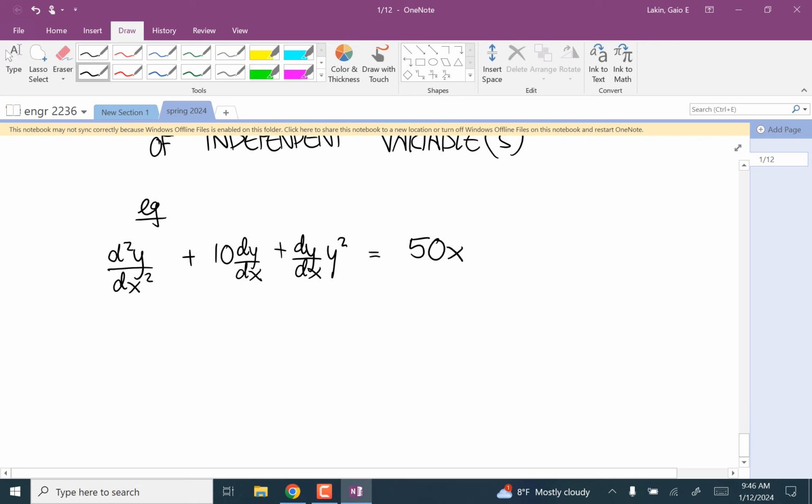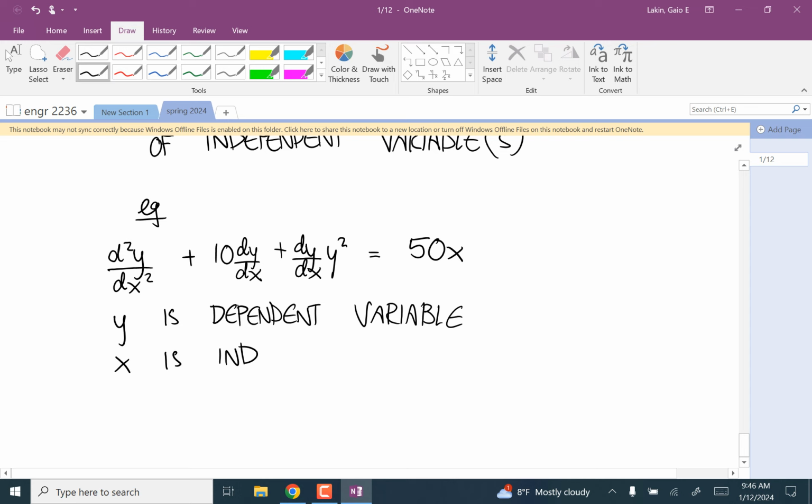Well, since we're representing derivatives of y with respect to x, this tells us that y is the dependent variable. x is the independent variable because it's what we're taking derivatives with respect to.